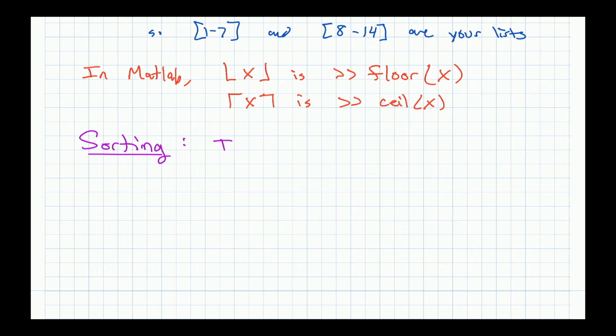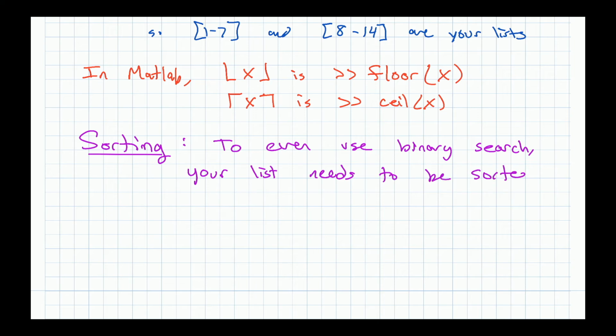So you could not look for a number in this list, 3, 14, 2, 5, because if you cut that list in half, how would you know whether it was in the first half or the second half?